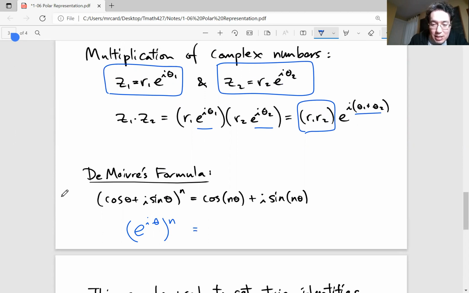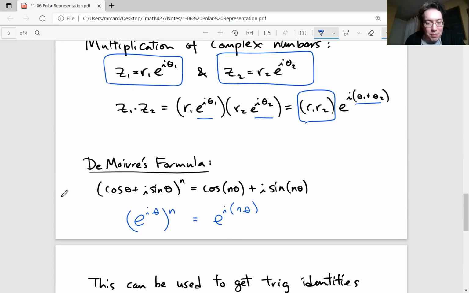And on the right-hand side, we're looking at e to the i n theta. And you're using Euler's formula on that. On the left-hand side, you're taking the exponent n later, after you use Euler's formula. On the right-hand side, n is part of the theta. It's the argument, and you're using Euler's formula once. Okay. It seems very obvious if you believe Euler's formula.